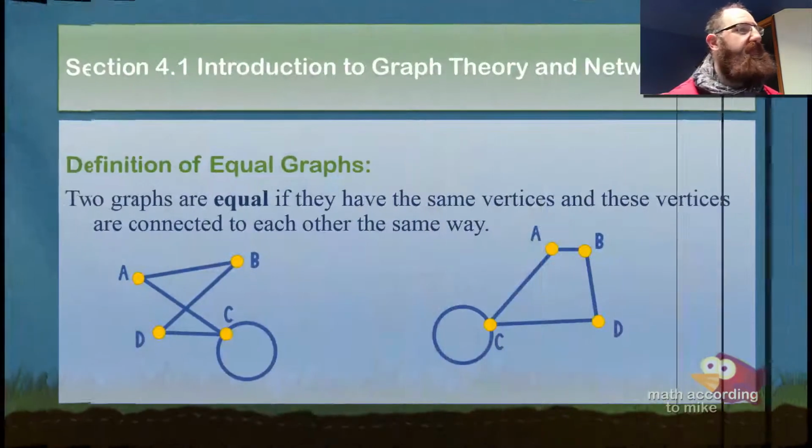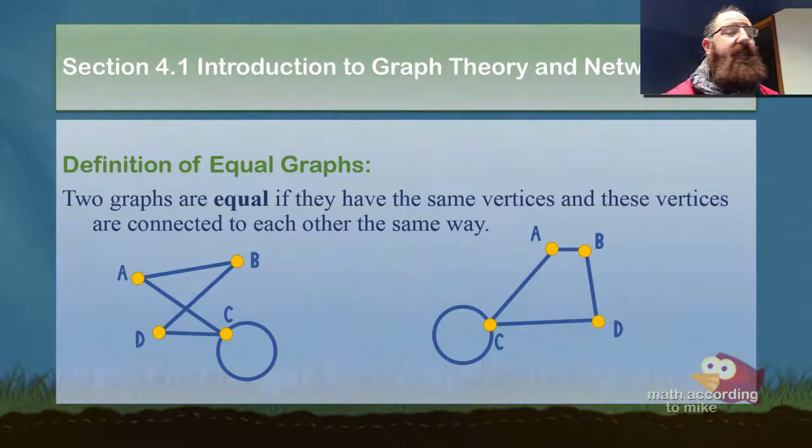Okay. Definition of equal graphs. 2 graphs are considered equal if they have the same vertices, and these vertices are connected to each other the same way.